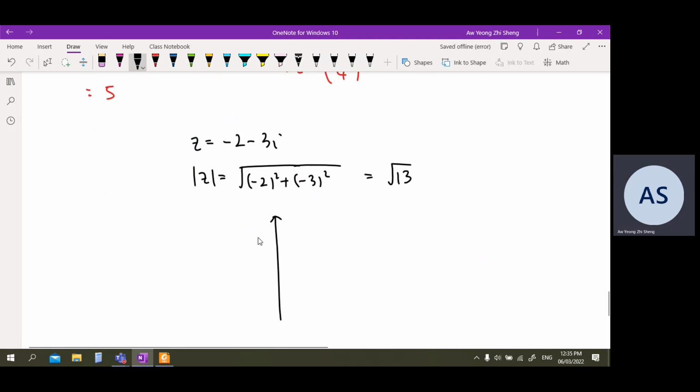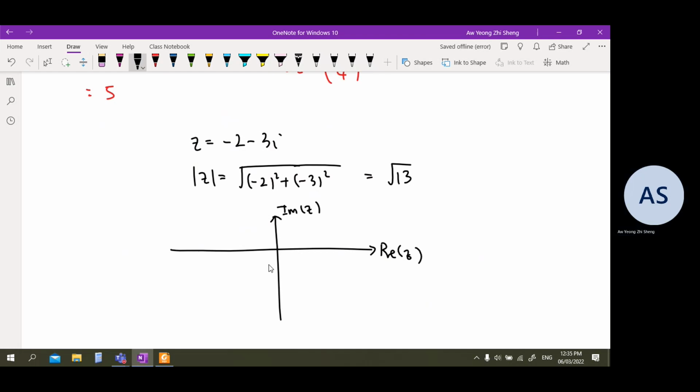If you visualize the Argand diagram, real part of z is minus 2, imaginary part is minus 3, the point is here. And if you find the length of your red vector by Pythagoras, you would get square root of 13.